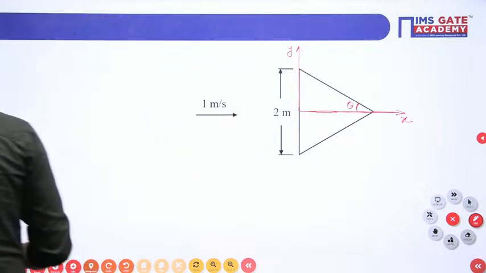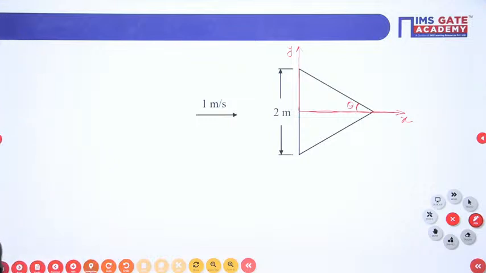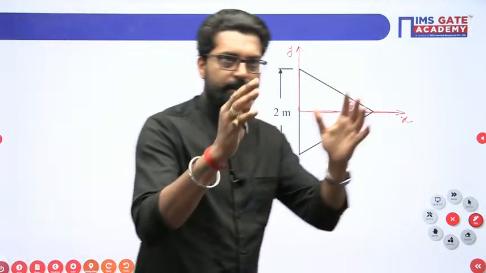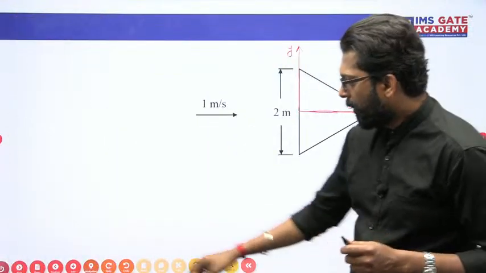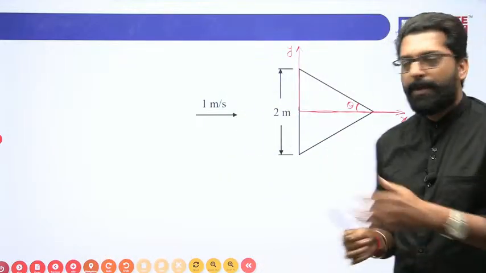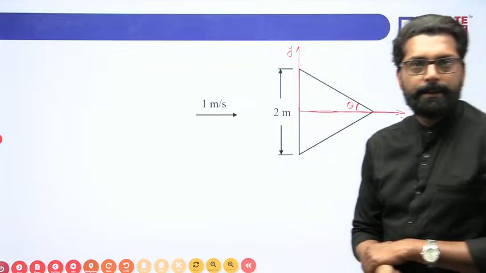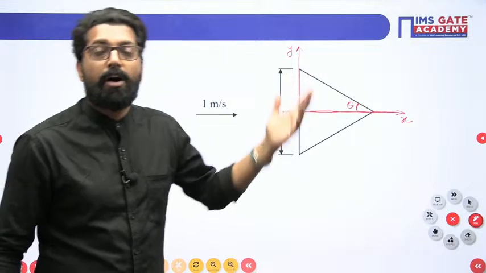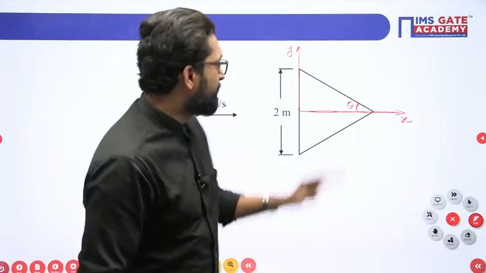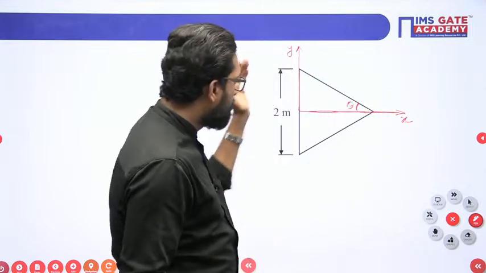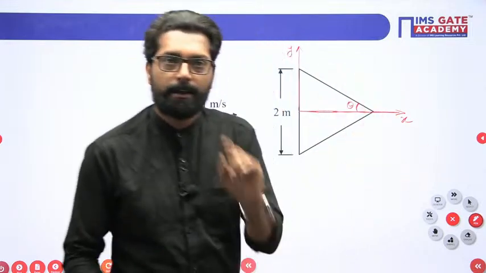Now my dear, what is the approach? The approach is that when the fluid is flowing over the plate, is the flow over the plate laminar or turbulent? That means it is entirely laminar, or entirely turbulent, or somehow laminar then turbulent. That is the first thing.